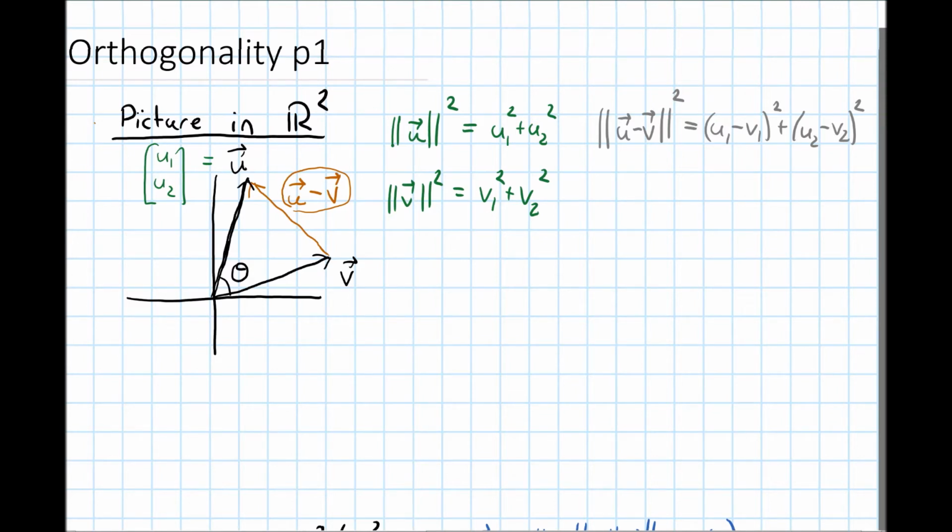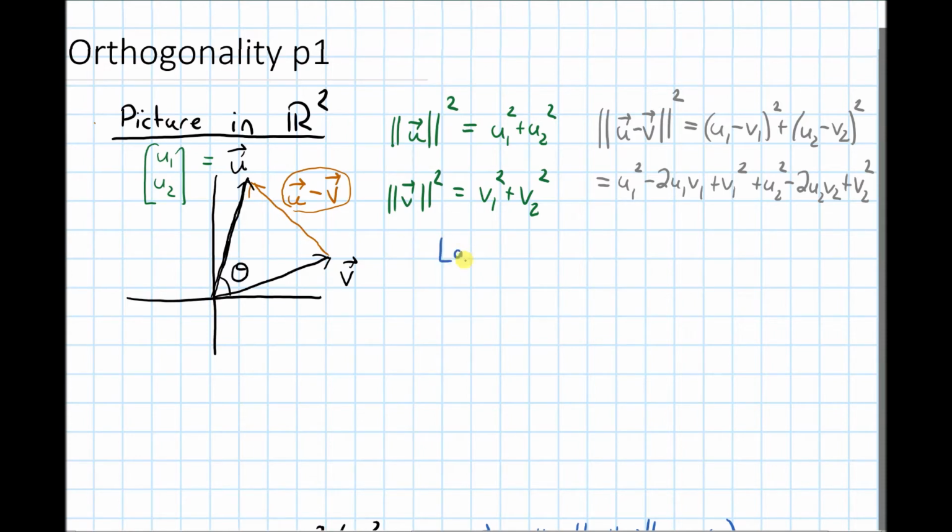But now let's expand this out. The right-hand side becomes u1 squared minus 2u1 v1 plus v1 squared, and then from the second square term, we get plus u2 squared minus 2u2 v2, and one more term, plus v2 squared.